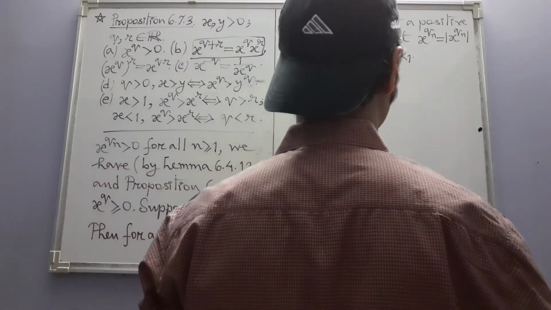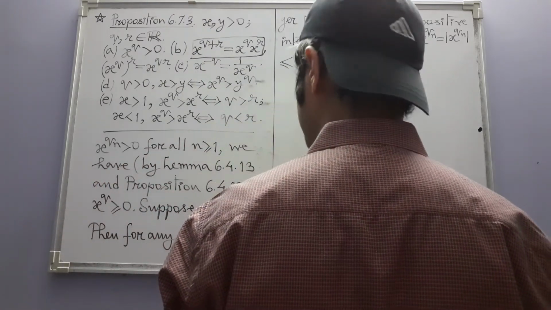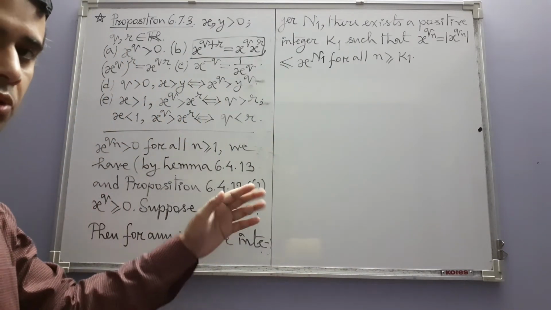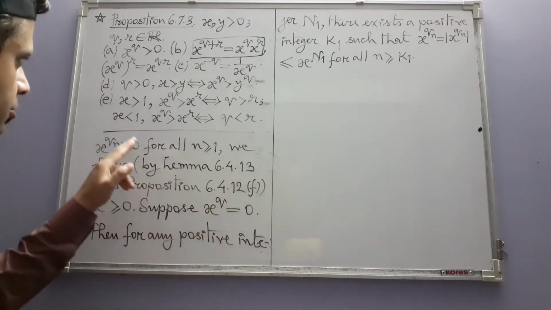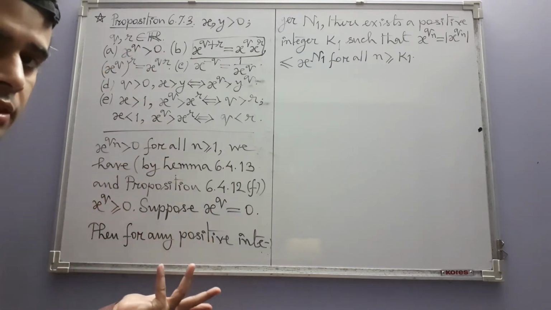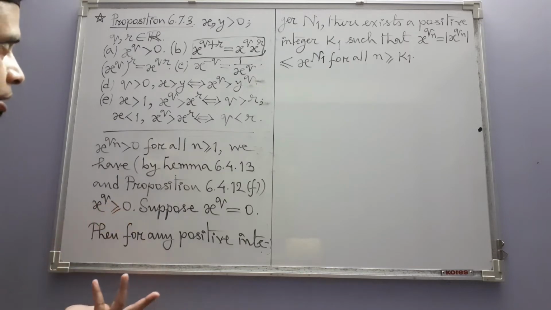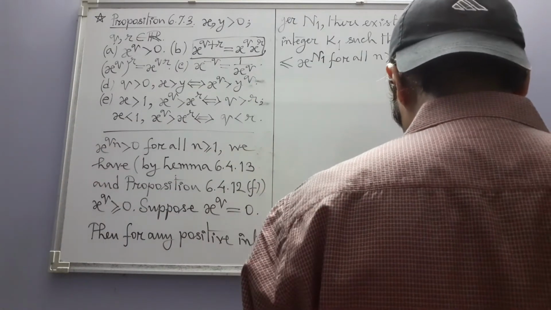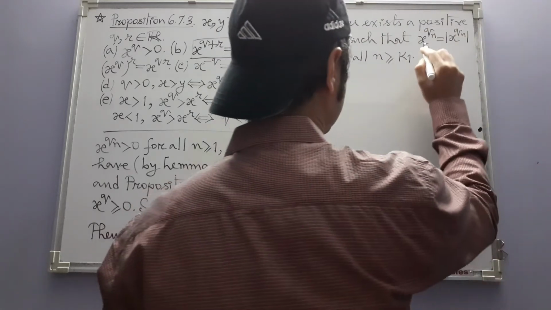But there are cases depending on what x is. We are no longer proving lemma 671, that is over. Okay, so now our x may be less than 1, maybe it is greater than 1, no one knows. So we first consider the case x less than 1.